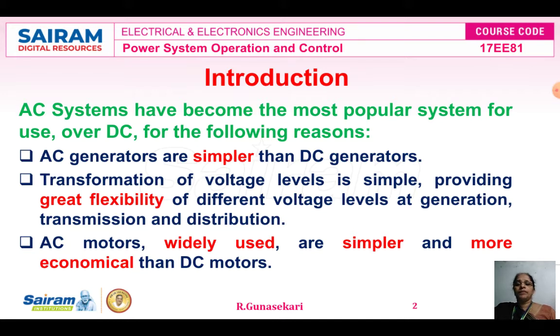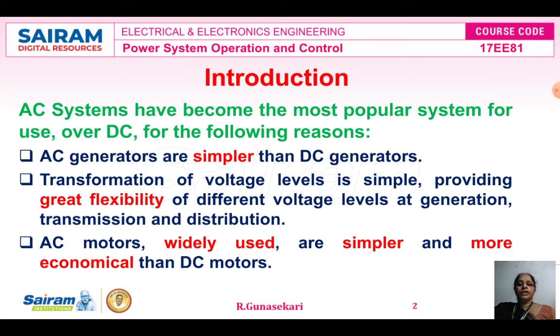The AC power system has become more popular than the DC power system for the following reasons. First, AC generators are simpler than DC generators. You already studied this in basic electrical engineering in first year, and AC and DC machines in second and third year. In both generators, the two main parts are the stator and rotor, that is, the armature and field.